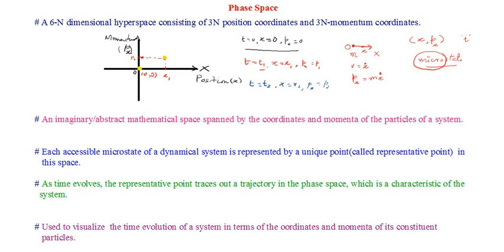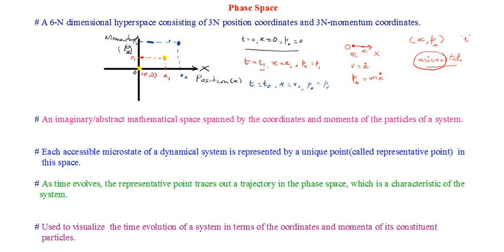So let me say that this is x2 and corresponding to this it should be somewhere here, some value, it can be anywhere. Let me say that this one was p2. In the same manner you find out its coordinate. So this is the representative point, the point in this particular diagram.